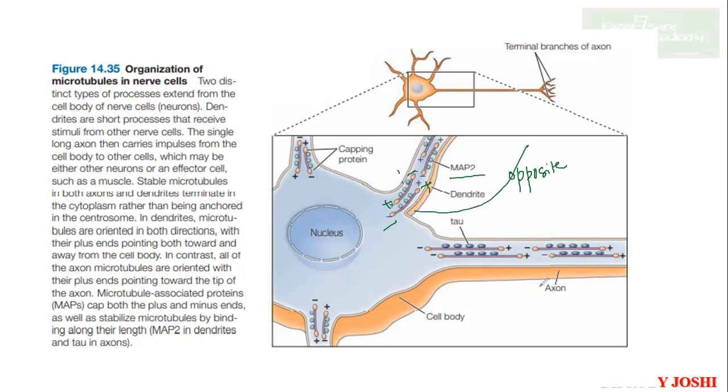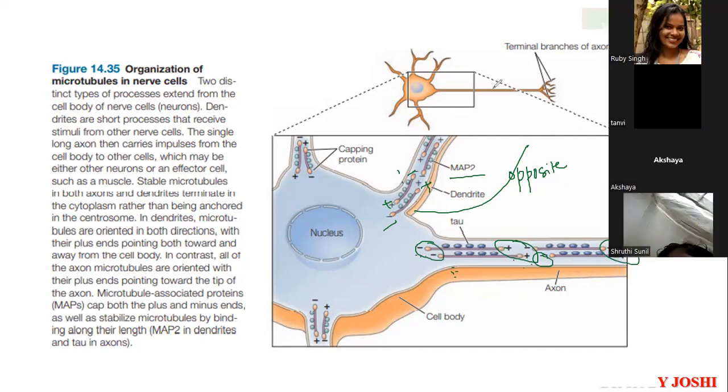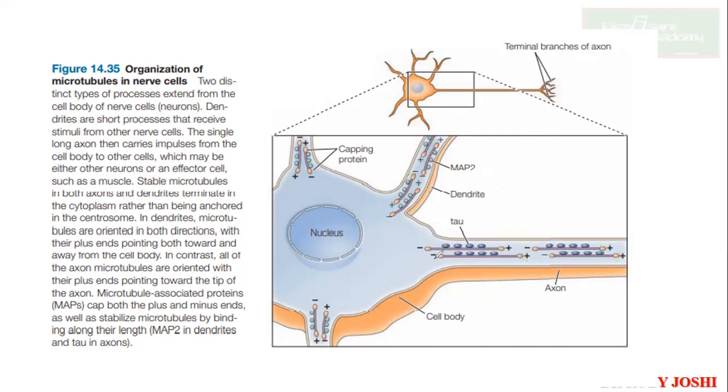Whereas in the case of the axon, again capping proteins are there. The polarity, if you see, both are in the same direction. So plus here, minus here, plus here, minus here. Here also you have to understand that the minus end is towards the nucleus, or we can say that the plus end is away from the center of the cell. ठीक है, ये चीज है जो आपको याद रखना है.